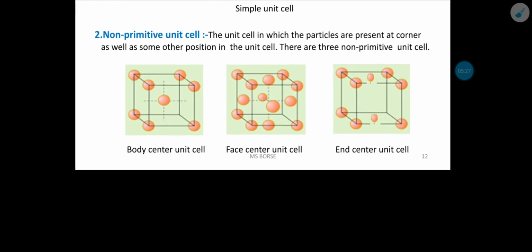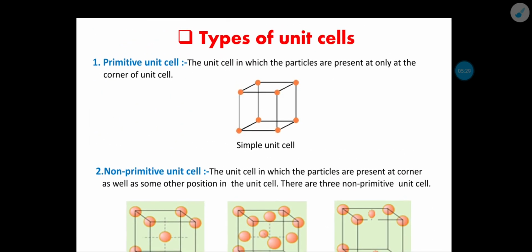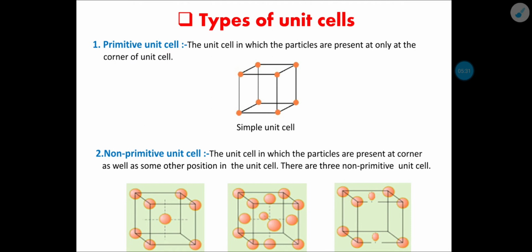Types of unit cell. There are two types of unit cell. The first type is the primitive unit cell. That means the unit cell in which the lattice points are present only at the corners. This type of unit cell is called a primitive unit cell.